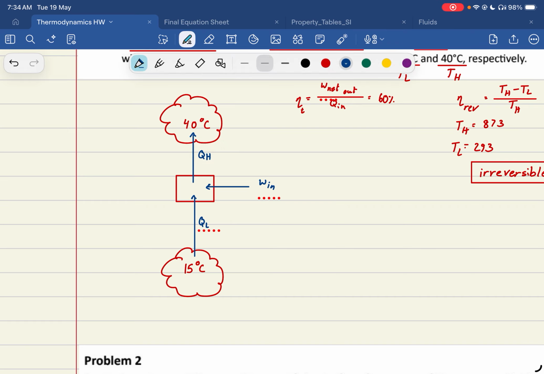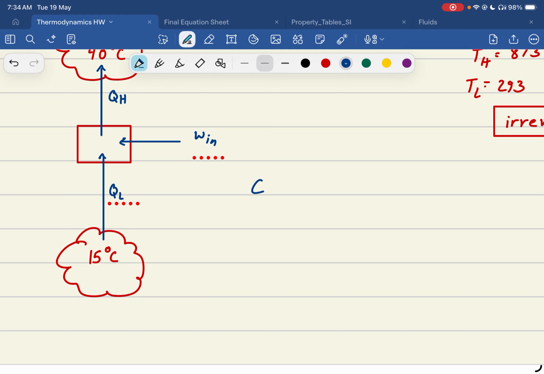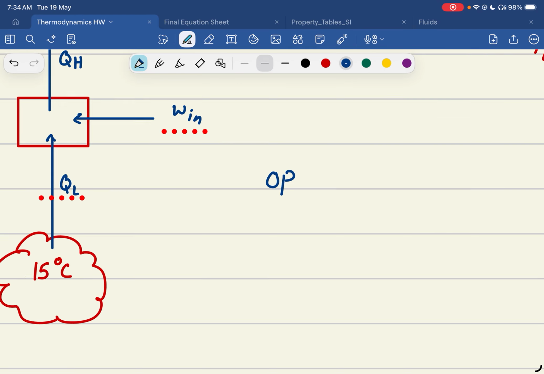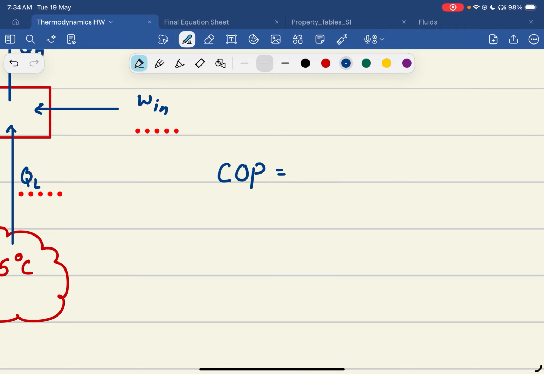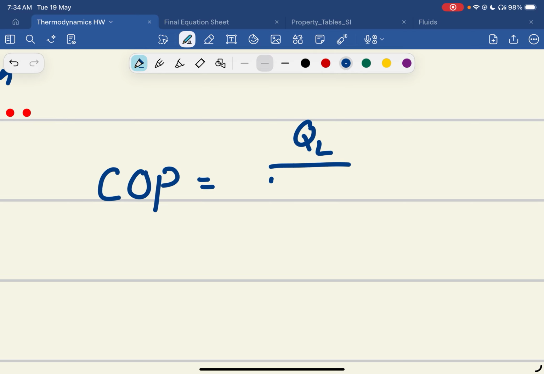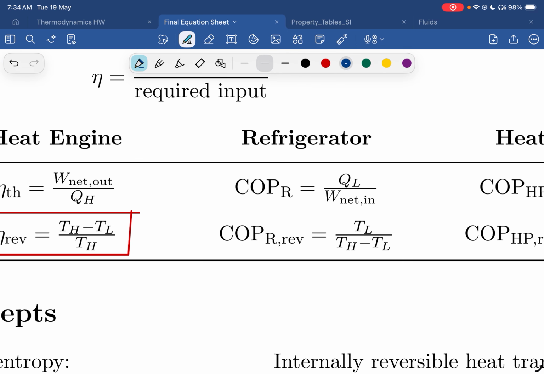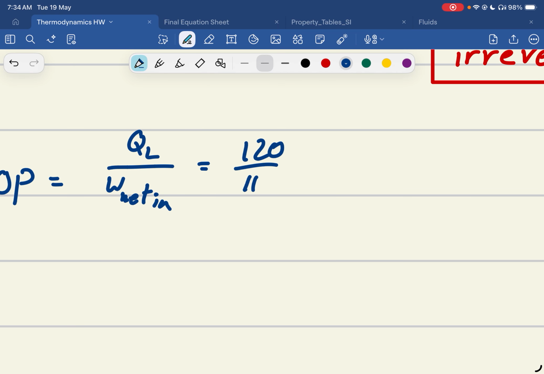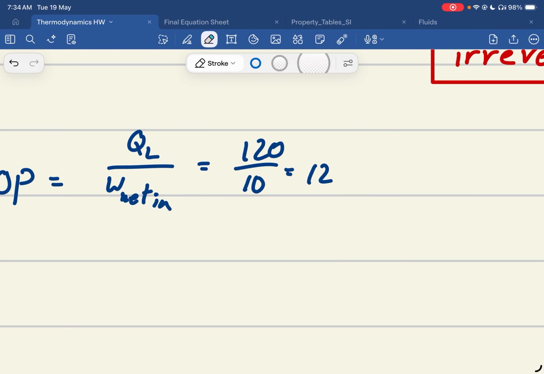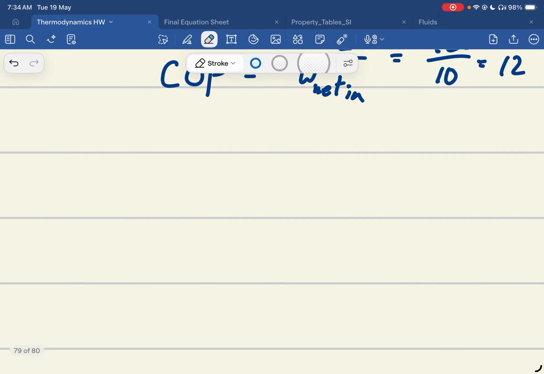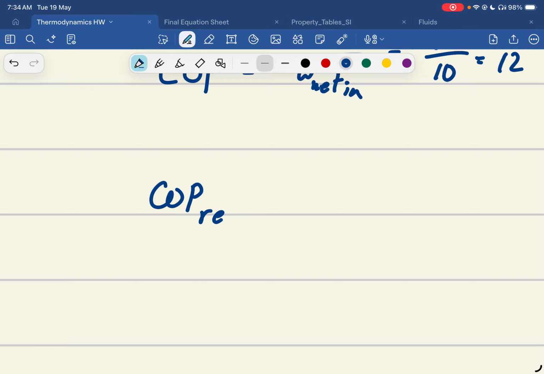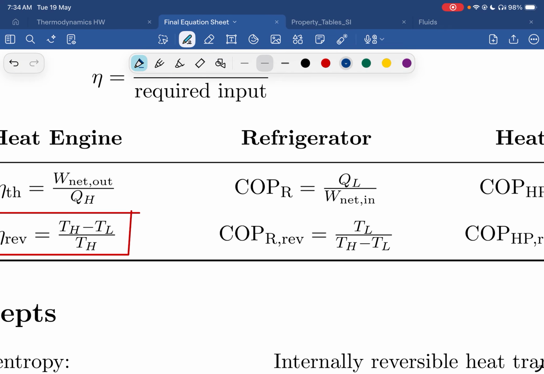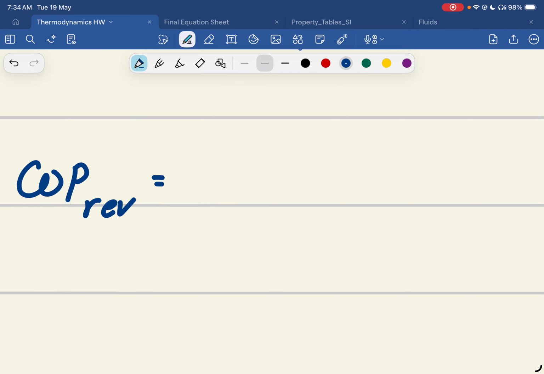Looking at this, we know that refrigeration and heat pumps use coefficient of performance instead of thermal efficiency, and it is QL over work net in. That would be just 120 over 10, which equals 12. And the COP of a reversible cycle, from this formula, is TL over TH minus TL.